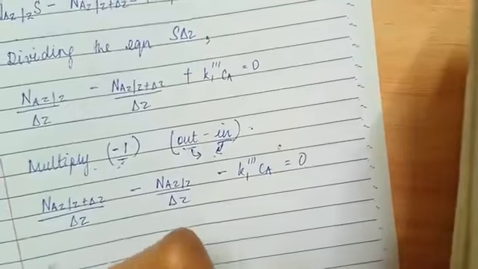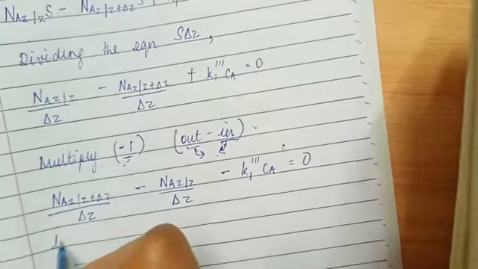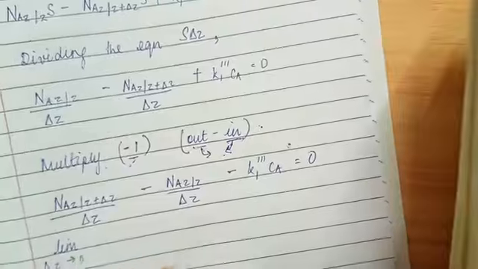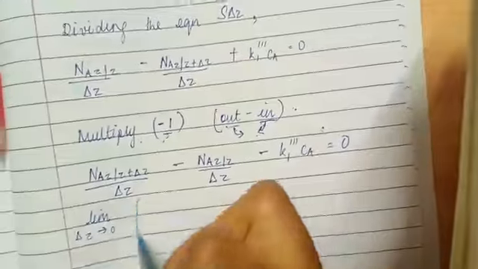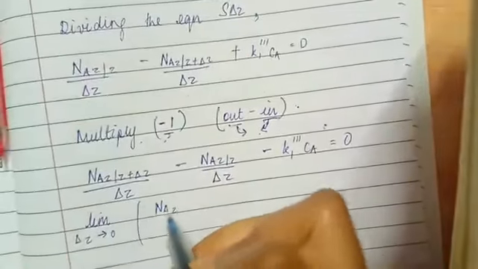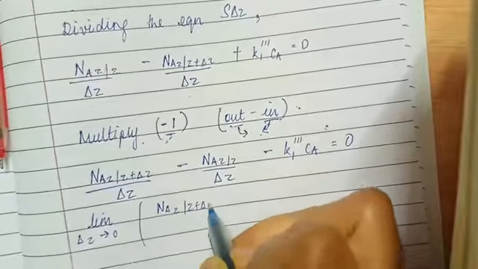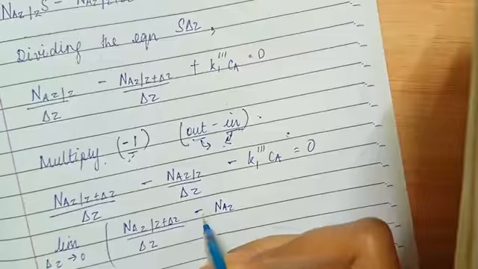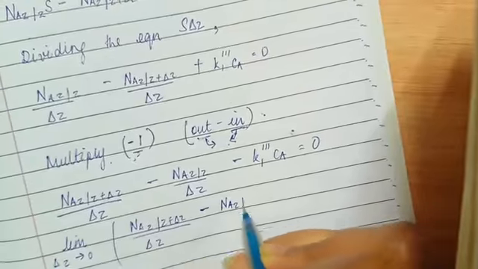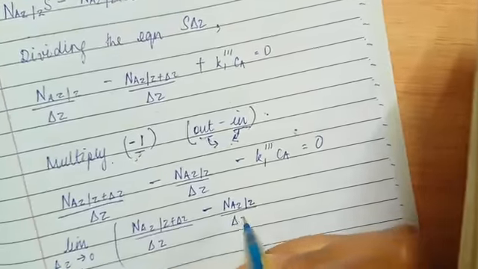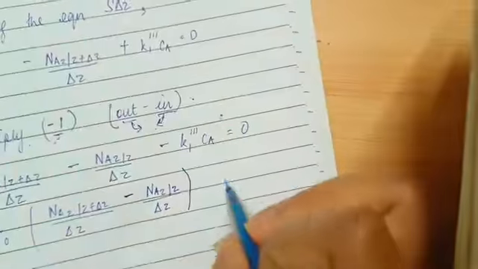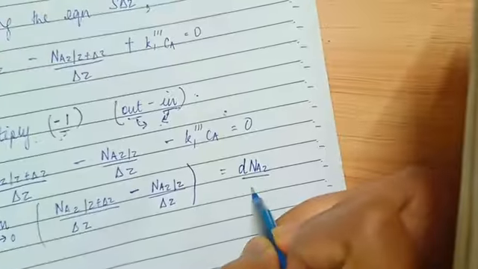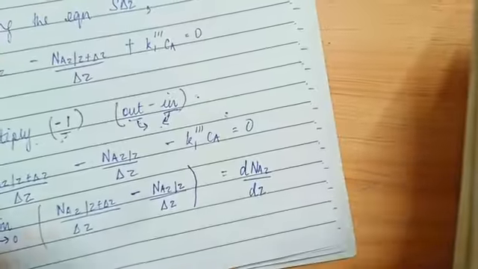Now, taking the limit delta Z tends to 0, we write NAZ at Z plus delta Z by delta Z minus NAZ at Z by delta Z as dNAZ by dZ.